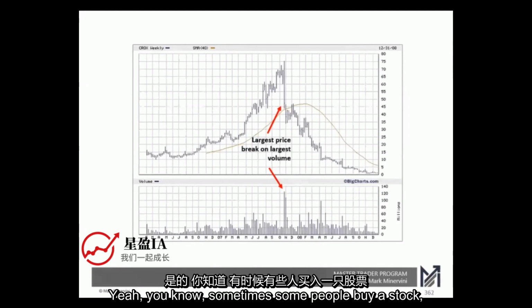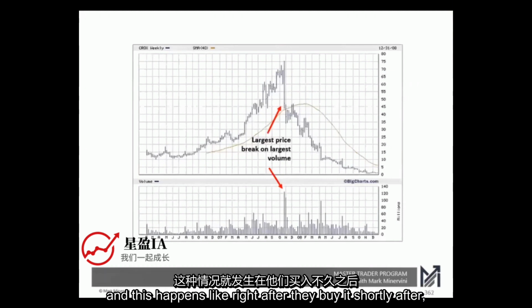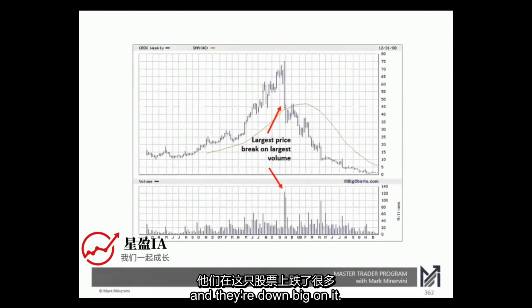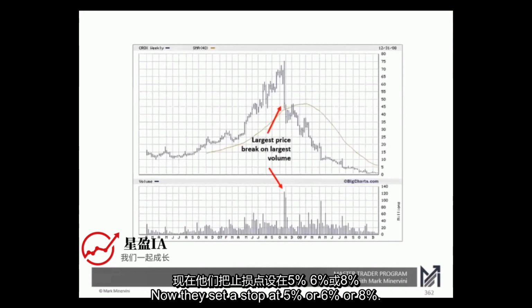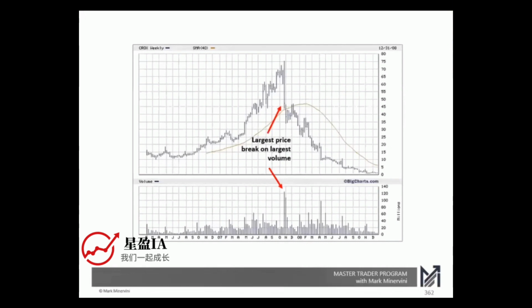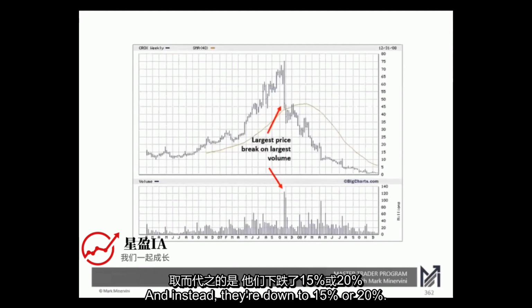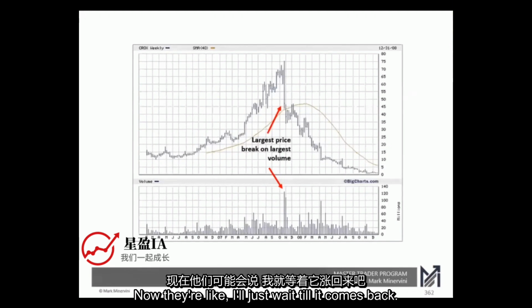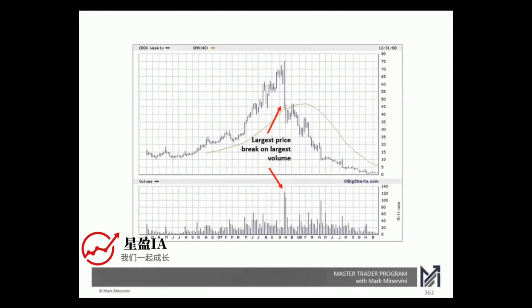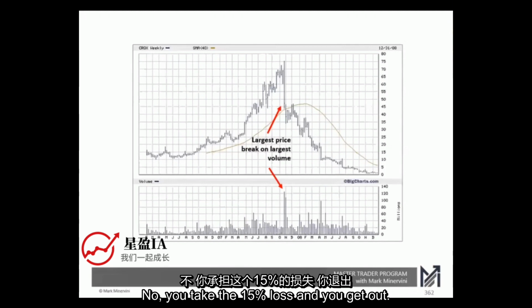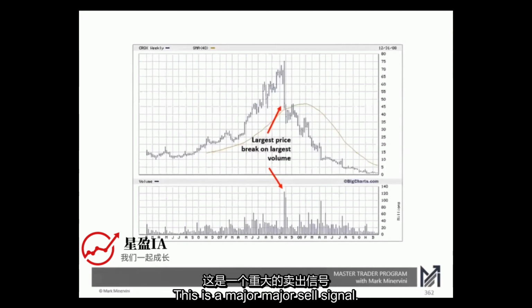Yeah, I mean, sometimes people buy a stock and this happens shortly after they buy it, and they're down big on it. And now they set a stop at 5 or 6 or 8%, and instead they're down 15 or 20. And now they're like, oh, I'll just wait till it comes back. No, you take the 15% loss and you get out. This is a major, major sell signal.